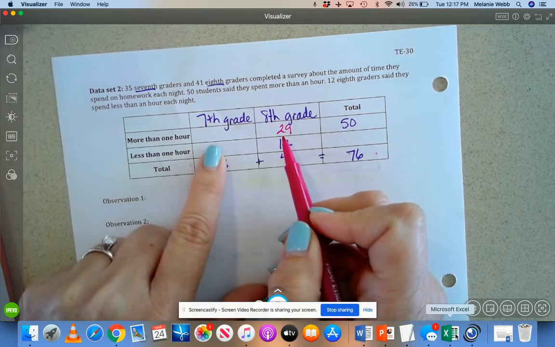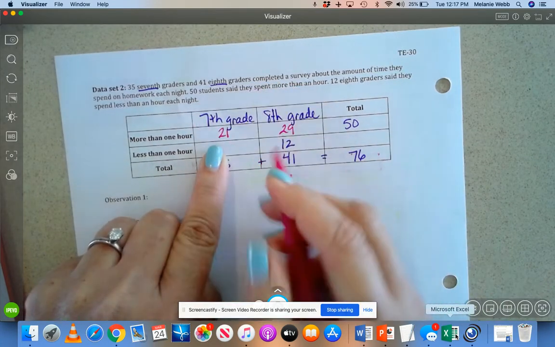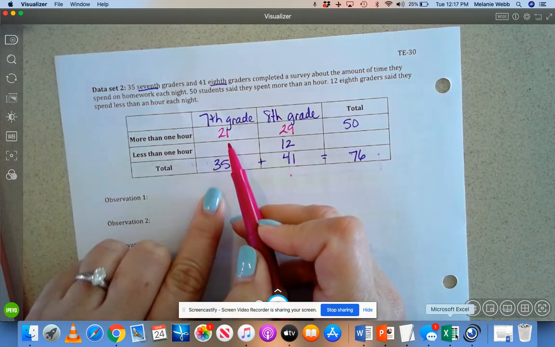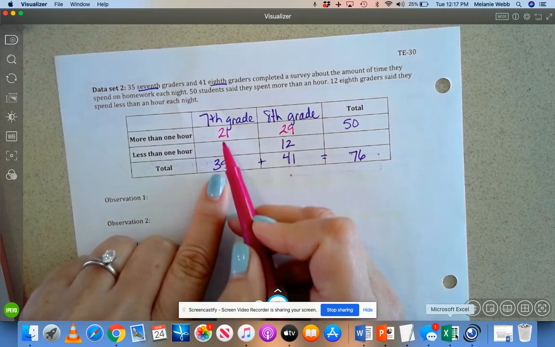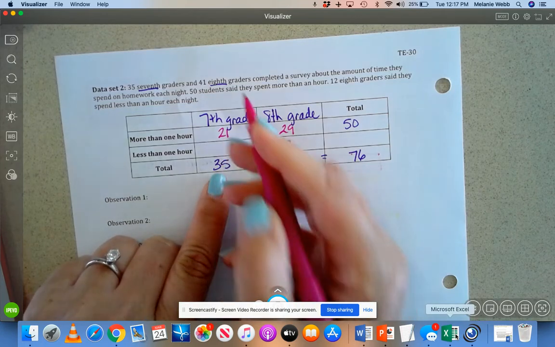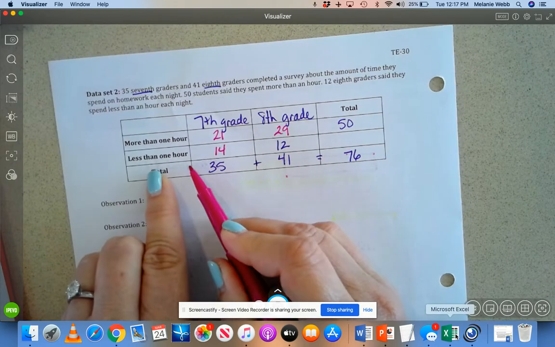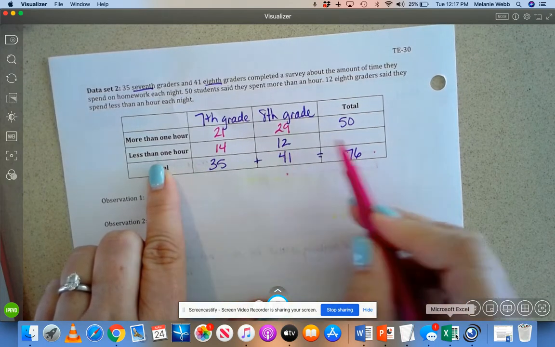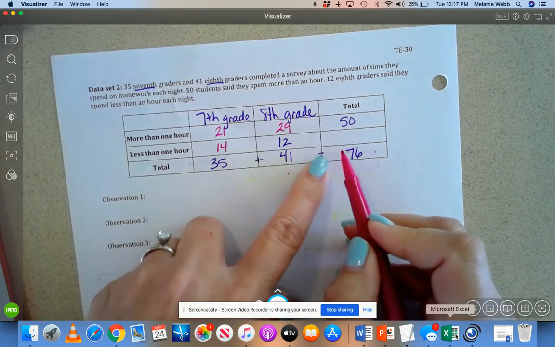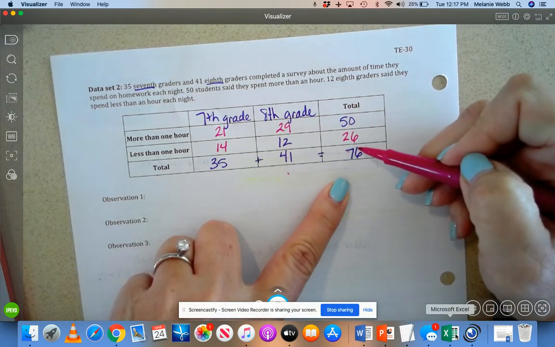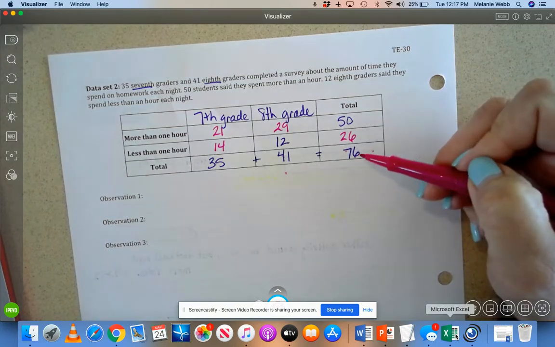So 21 7th graders spend more than an hour. And then here I have 35 minus 21 is 14. And then how many surveyed spend less than an hour? It's just 14 plus 12, which is 26. And then you just want to make sure that your numbers add up here too. They also add up to 76.